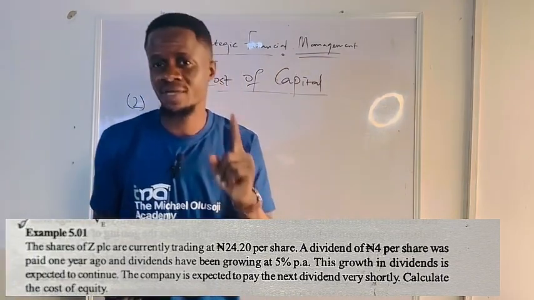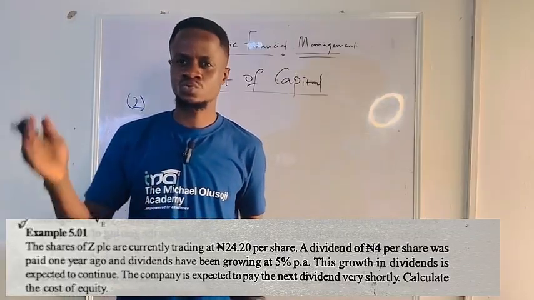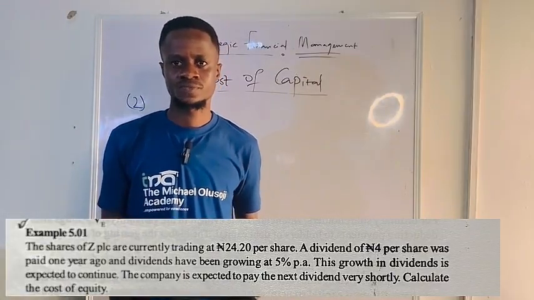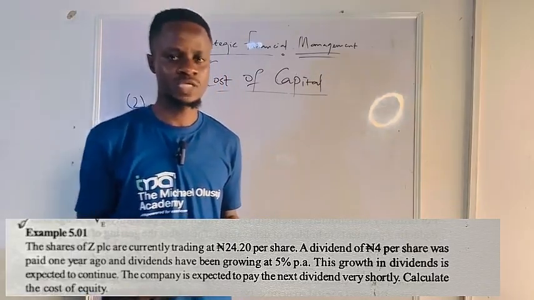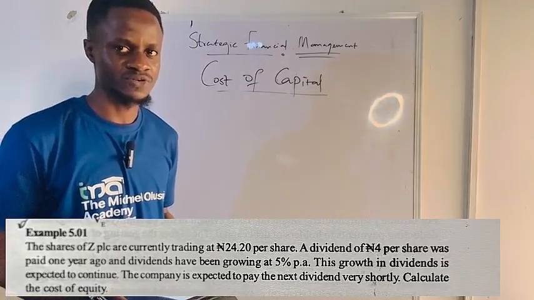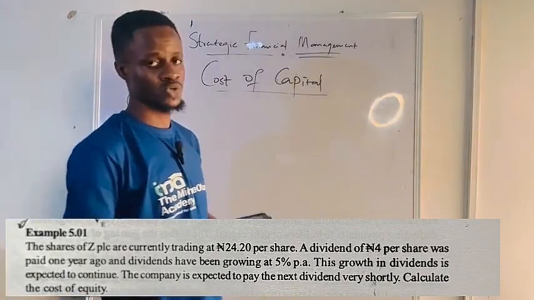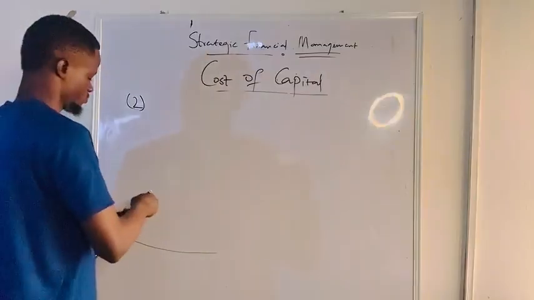Don't forget what I mentioned to you. Anytime you see any ICAN question, the first thing to do is to run down to the requirements. Right now, it's saying calculate the cost of equity. Okay, cost of equity, interesting. So write out your formula and let your formula guide you. What is the cost of equity using the dividend valuation method?